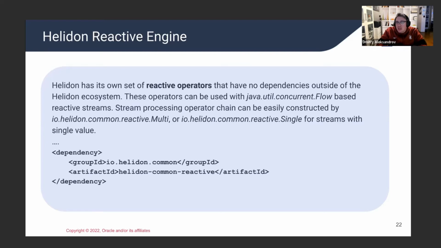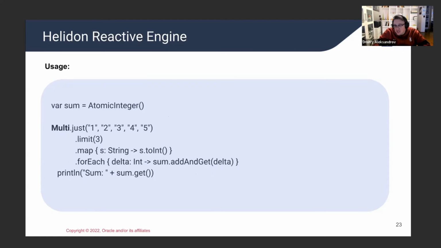That means that we have created our sets of reactive operators built mostly on following the Java concurrent Flow reactive streams. So that means that we have our own engine, and we're very proud that this engine was mostly contributed by the actual creator of the idea of reactive programming, David Karnok himself. So it's one of the most performing engines you will ever see.